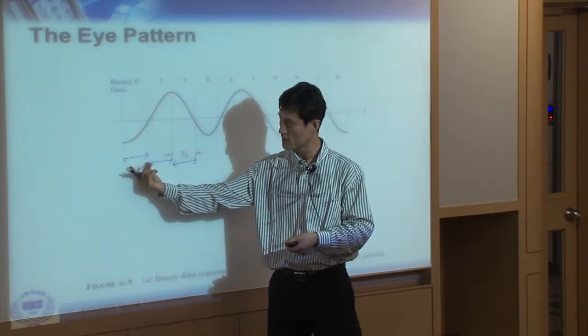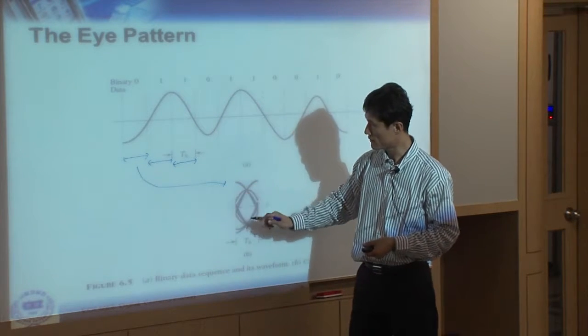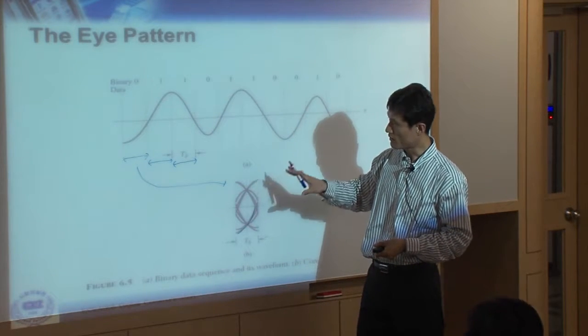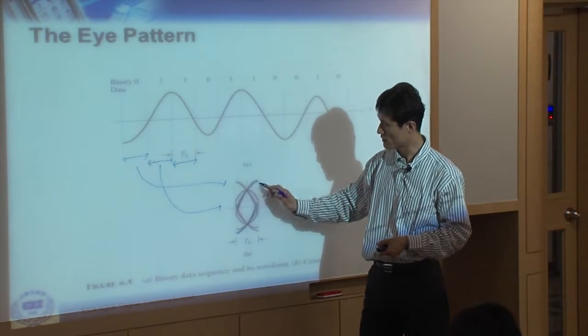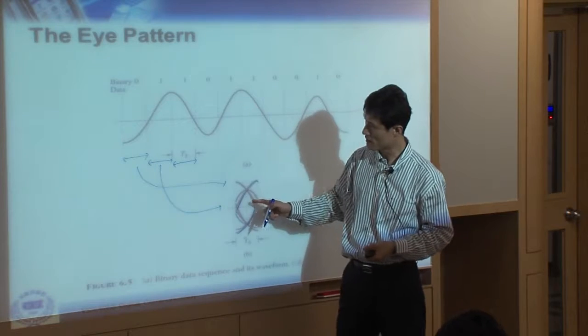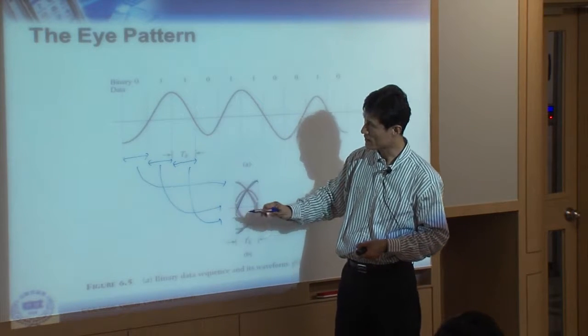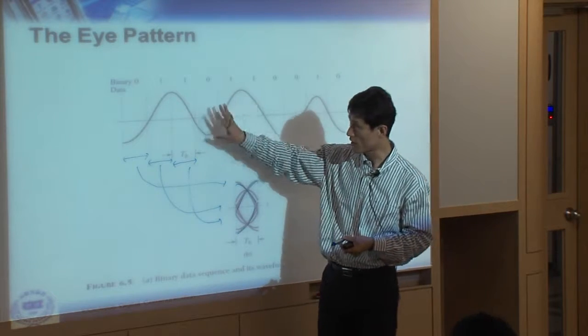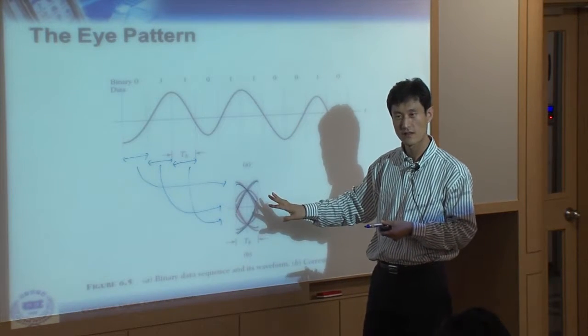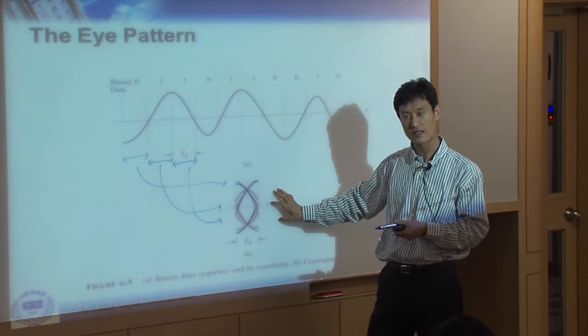So the first region, we draw it here, then it'll look like this. On the same picture, we're going to overlap the second one here. So just copy that here. On the third one, again here. Like that, right? So we keep drawing here again. So that's what we are doing here in eye diagram.